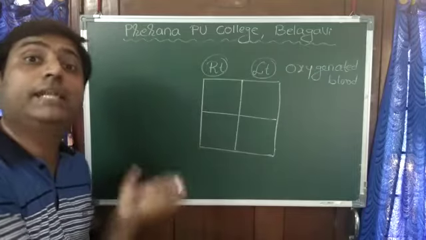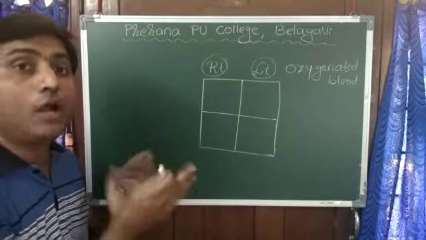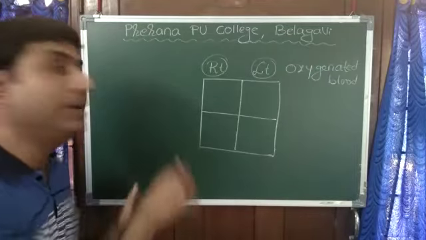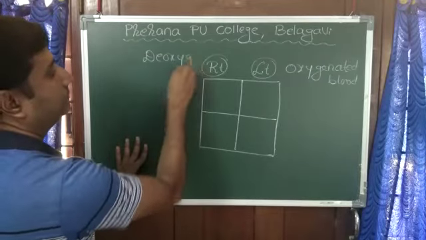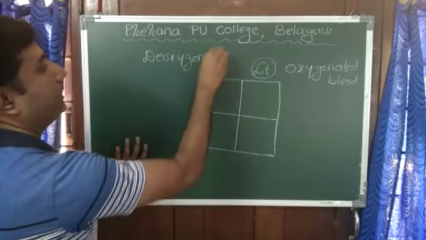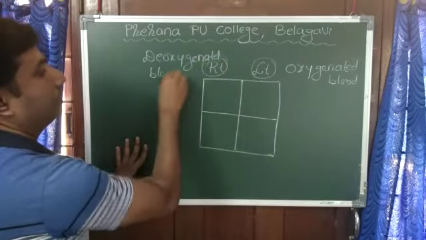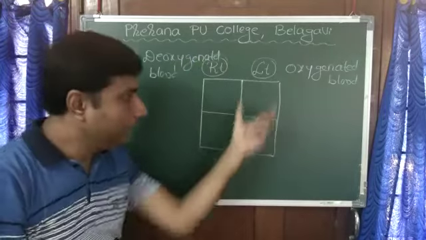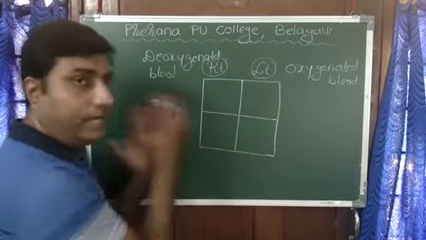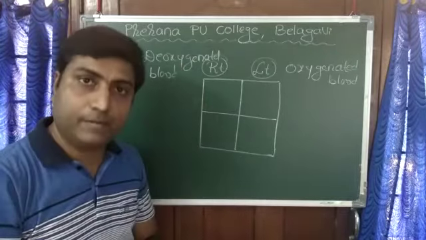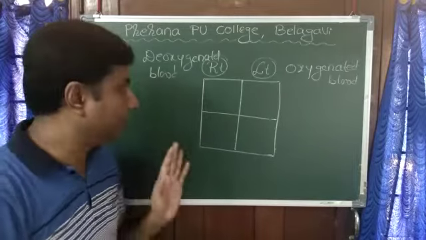Impure means deoxygenated blood, which is not rich with oxygen, it is rich with carbon dioxide.